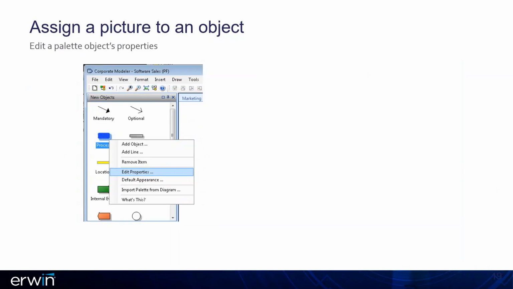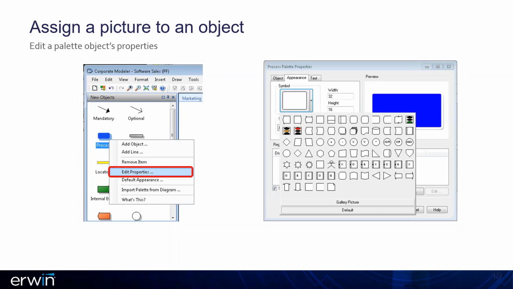So to assign a picture to an object, if we go back to modifying the template, we can edit the properties of an existing object that's already on the palette. And you can go back to the Appearance tab. So you can access the Appearance tab when you're brand new creating an object on the palette or when you're editing the object on the palette. So when you do Edit Properties, go to the Appearance tab. And now you can go to the Gallery picture.